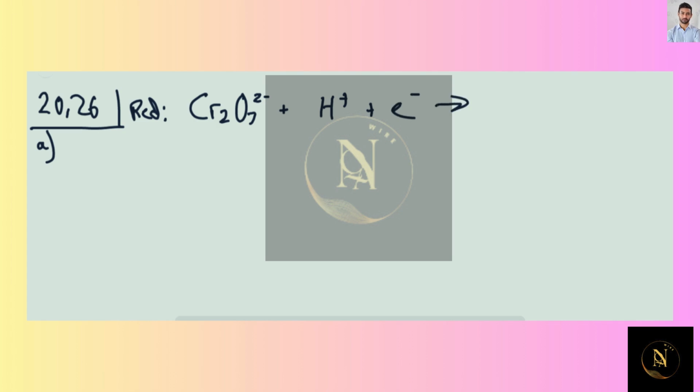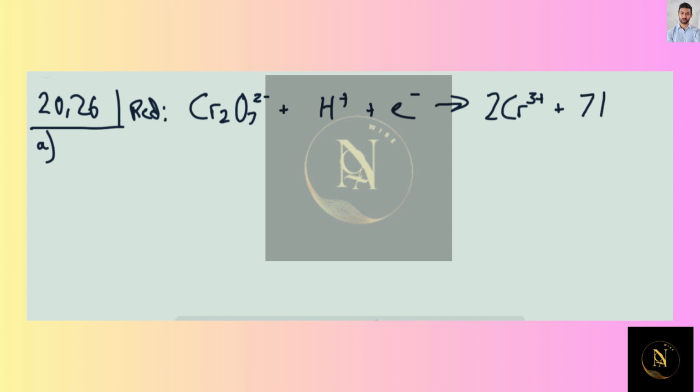So we have bichromate, Cr2O7 2-, and we're in acidic solution, so we know we're going to react with protons and with electrons to produce 2 chromium 3+ and water.